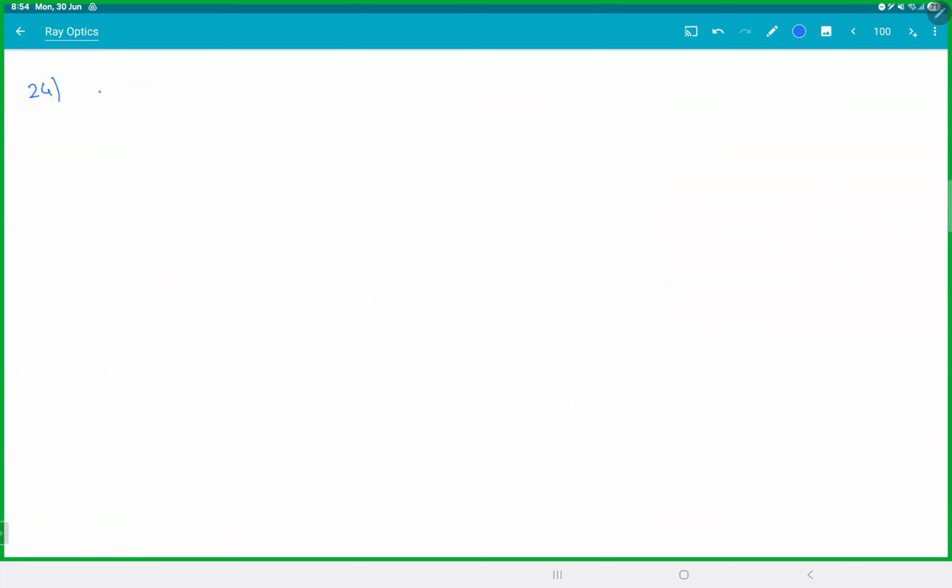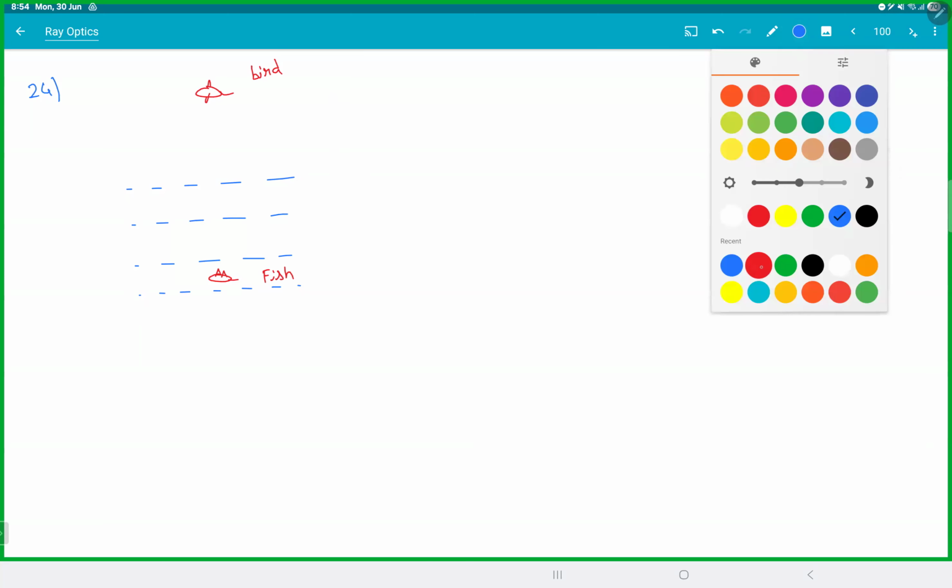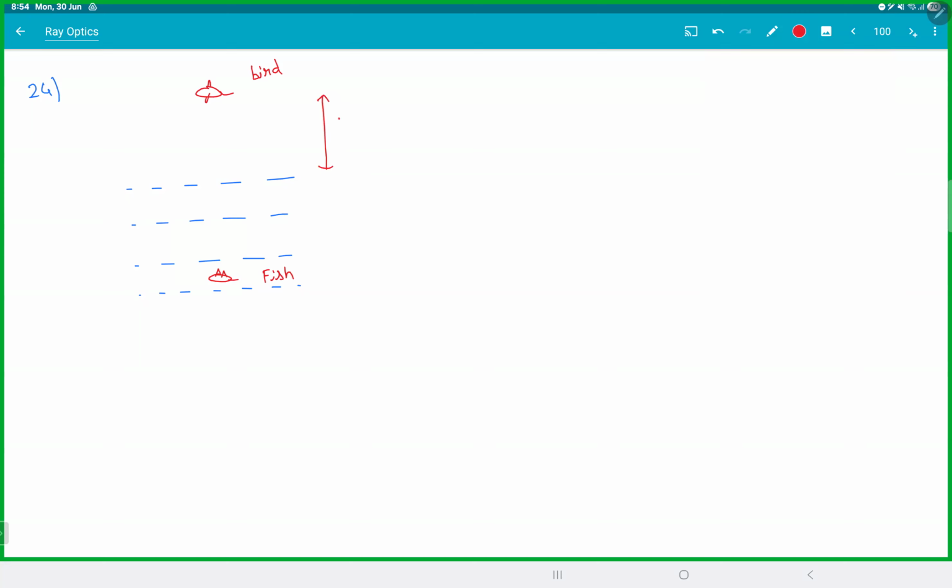So let's see a question on this. Let's say we got a fish here. We got a bird here. The distance between the bird and the interface is h. From the interface, the fish is at capital D. The refractive index is mu, outside is air with index 1.